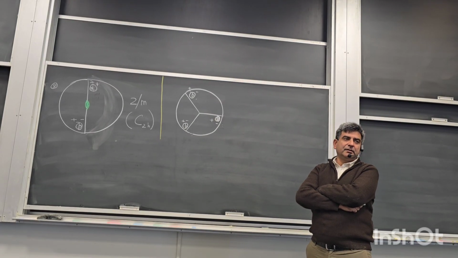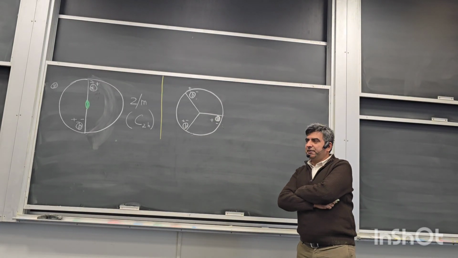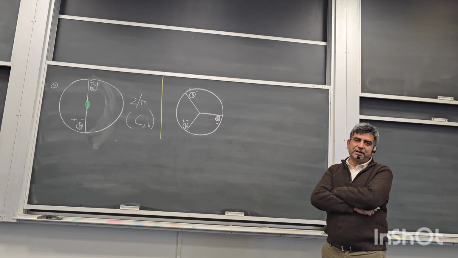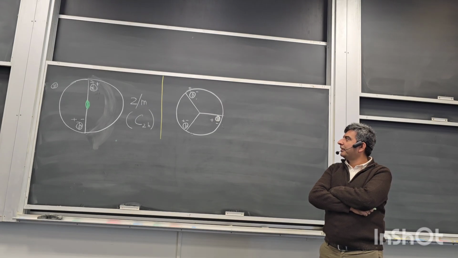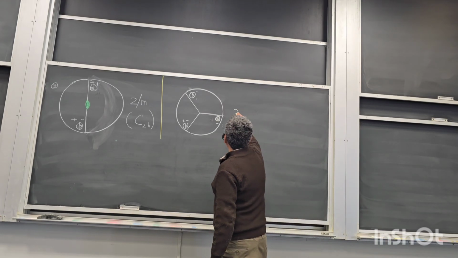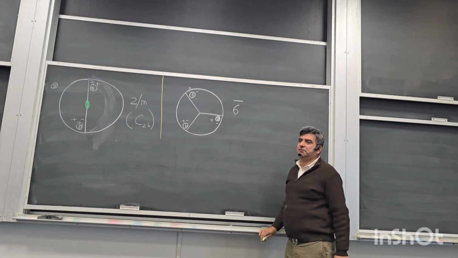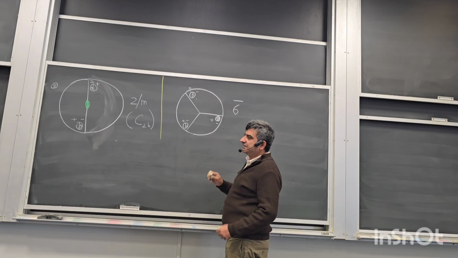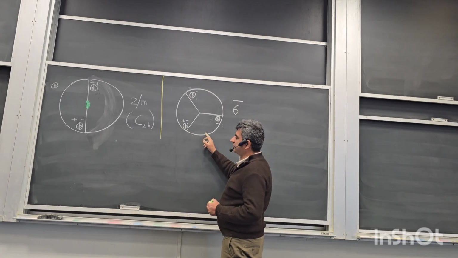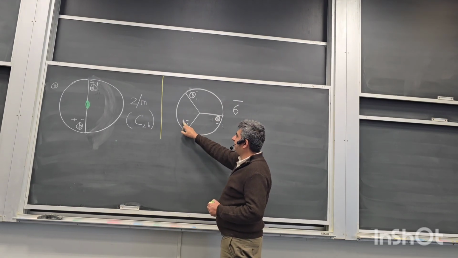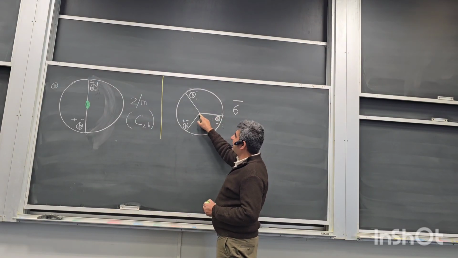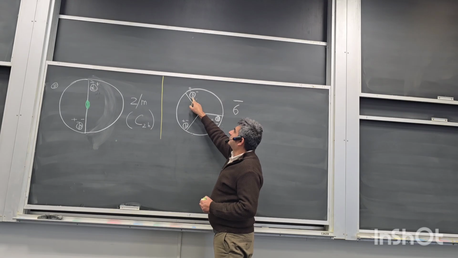Got it? Now the symbol for this image, in the international notation is not 3/M. Rather, it is 6 bar. Because it's the same effect if you did a 6-fold rotation. Instead of rotating this original point with the plus sign by 120 degree, you rotate it by 60 degree and then take an inversion about here, you'll get this comma with the negative sign.